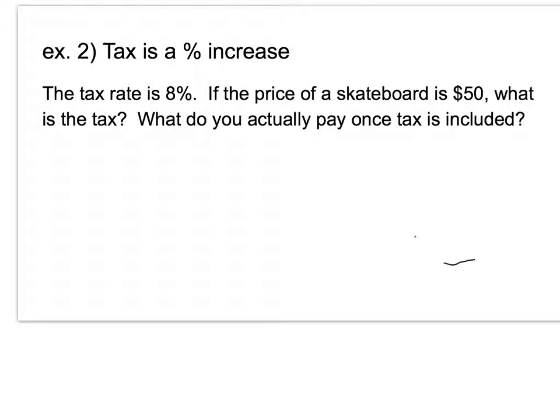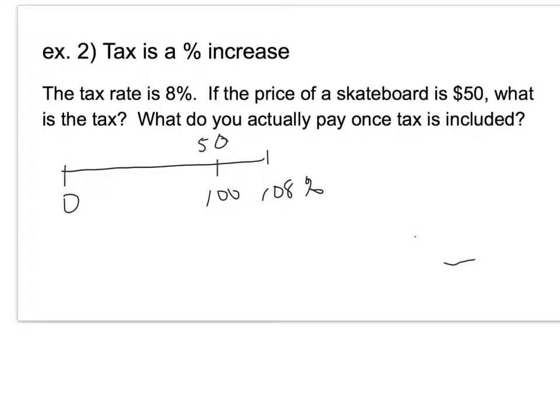So if we set up our double number line, if we have 0 here, we can have 100. And then if we add 8% onto that, this is 108%. Right? So if the price of the skateboard is $50, and the tax is not included, we want to find out what is the tax.